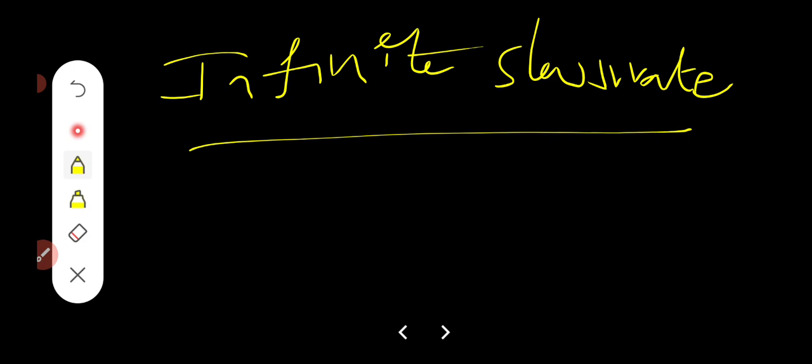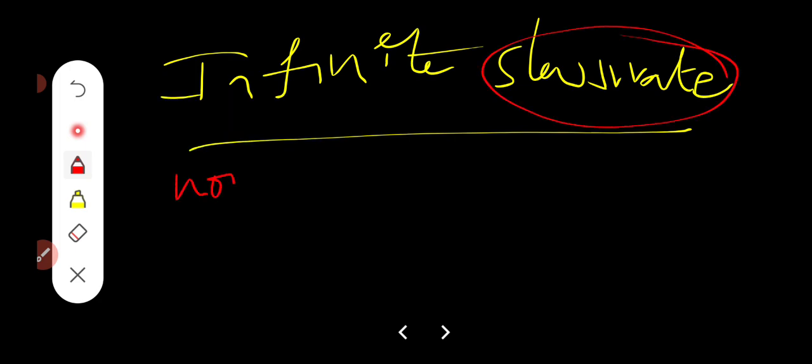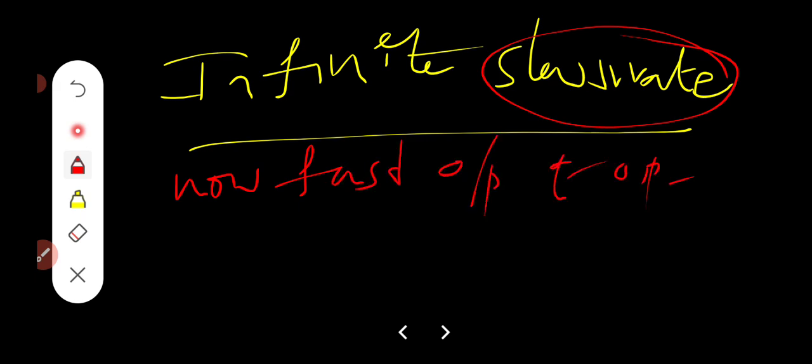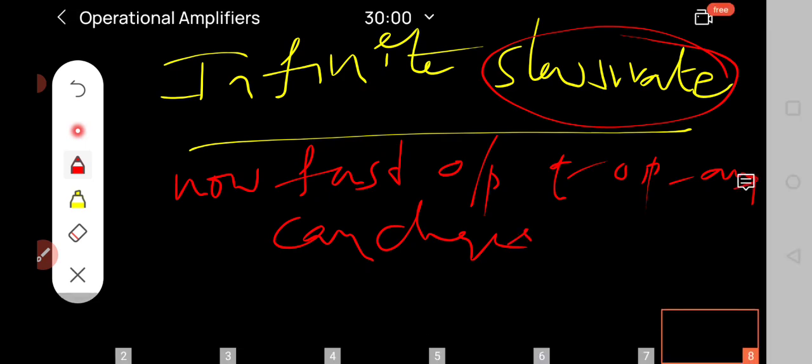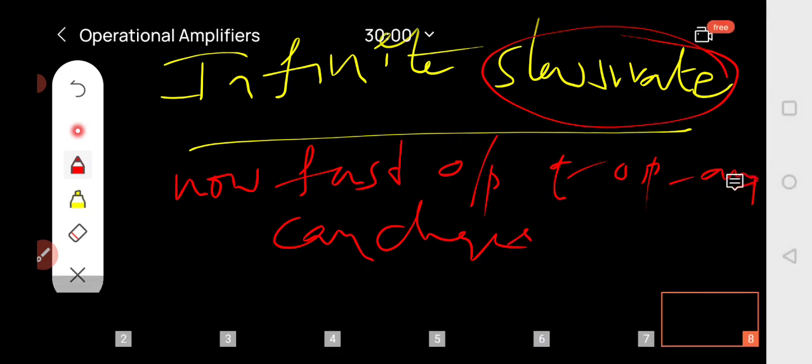If the input signal changes at a rate higher than the slew rate, the output voltage of the op amp will not be able to follow the changes in the input voltage, and the output gets distorted. So slew rate means how fast the output of the op amp can change. This is the seventh characteristic of the operational amplifier.